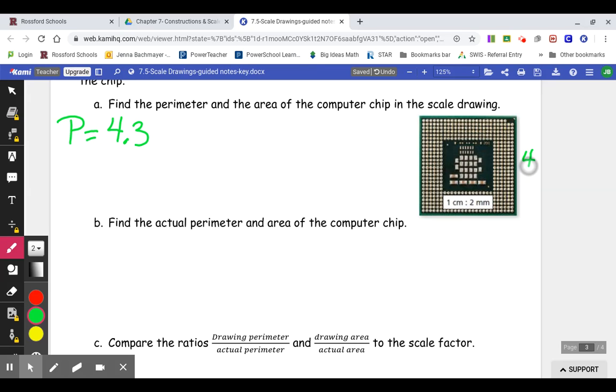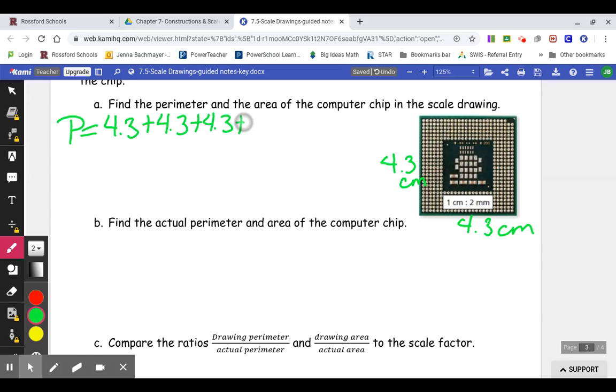I measured 4.3 here as well. So my perimeter is going to be 4.3 plus 4.3 plus 4.3 plus 4.3. Now, much quicker way, I could do 4.3 times 4. That's going to give me 17.2 centimeters for the perimeter of my scale drawing.